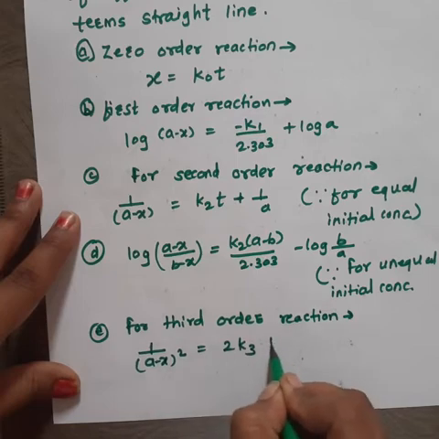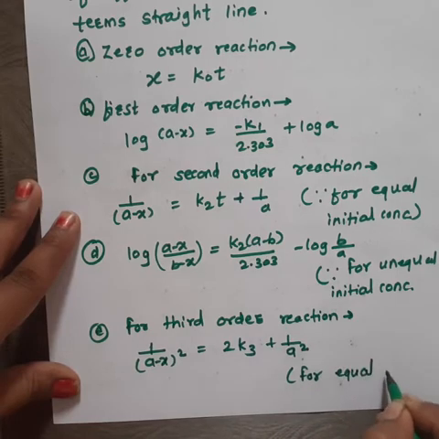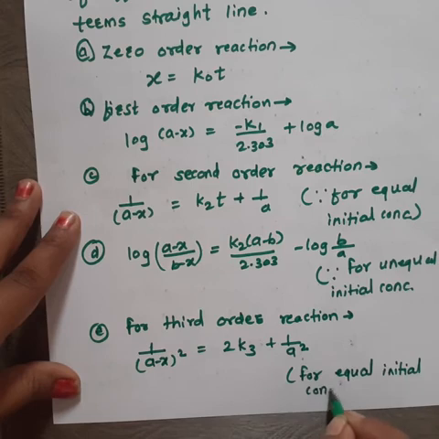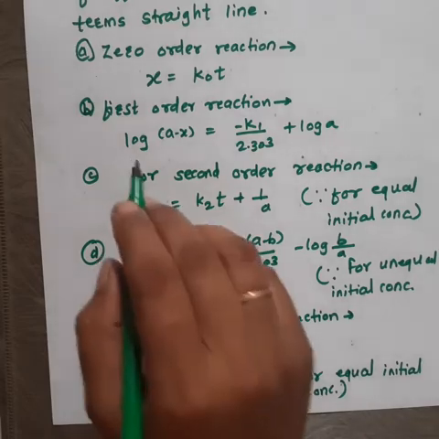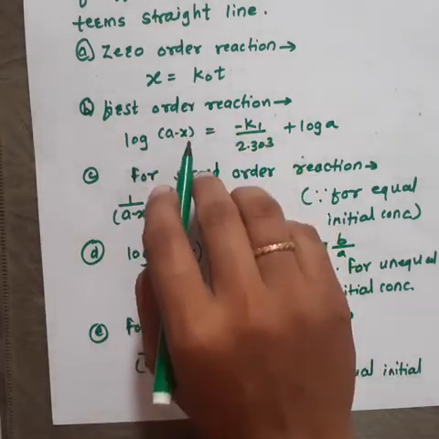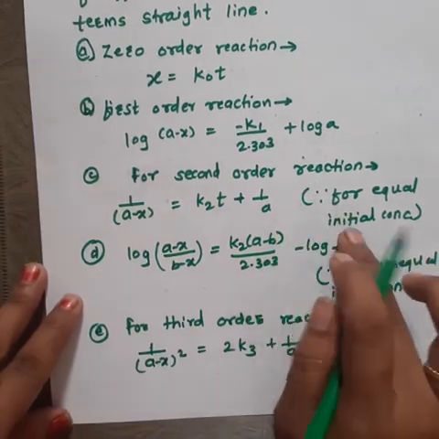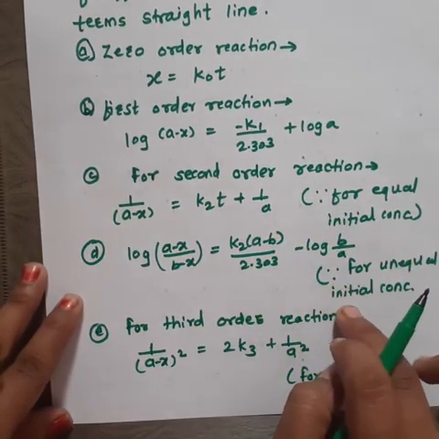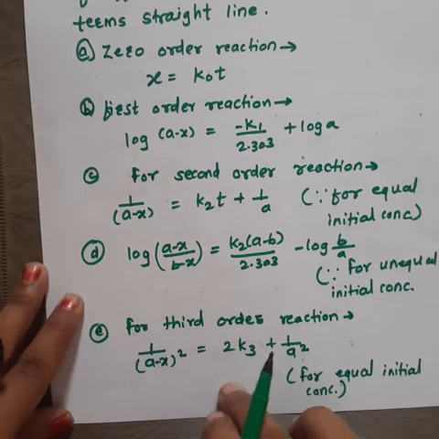This is for equal initial concentration. So these are the different equations for zero order, first order, second order for equal and unequal initial concentration, and for third order reaction.